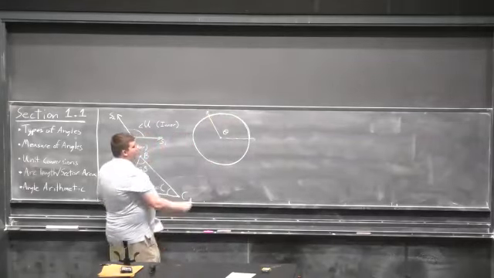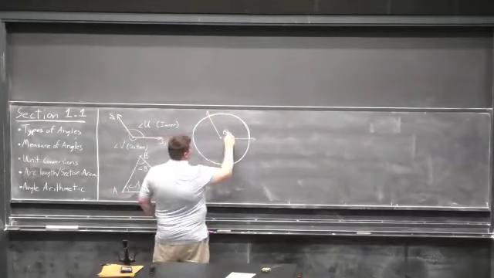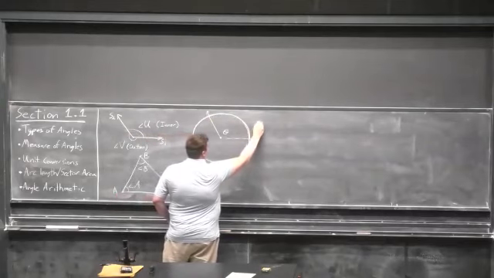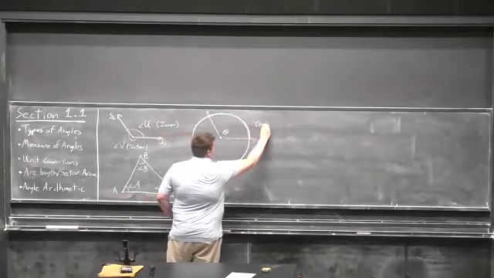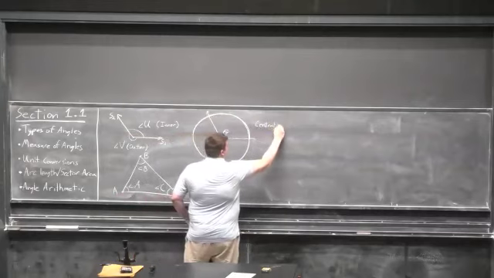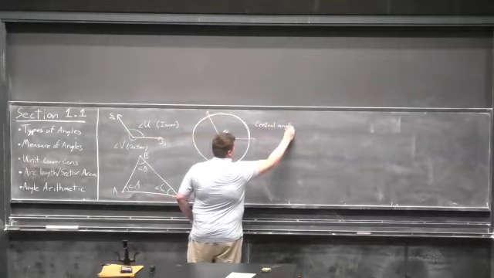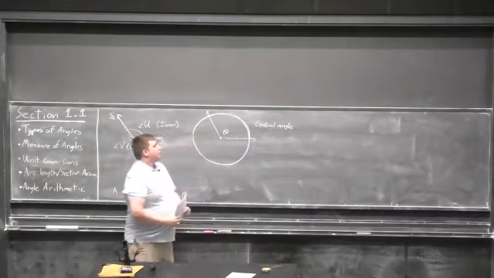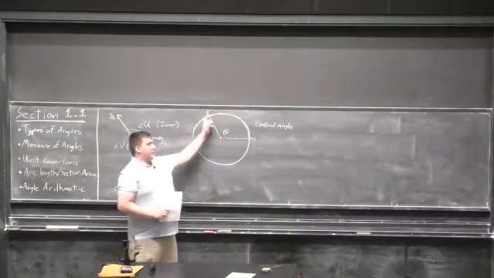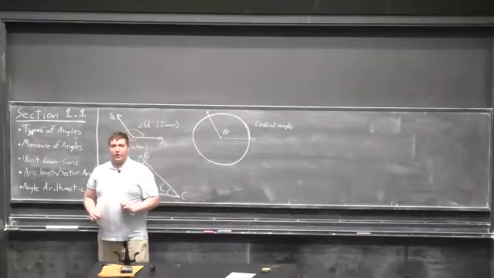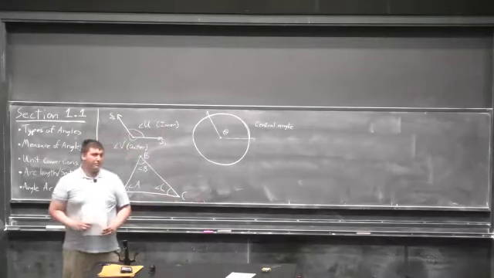Now, this theta is also denoted as a central angle. So our arc length, as we can see here, is a portion of the circle.